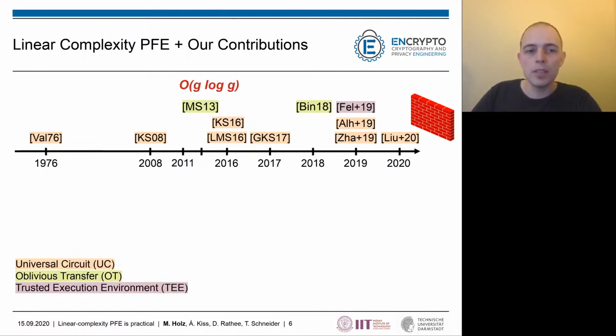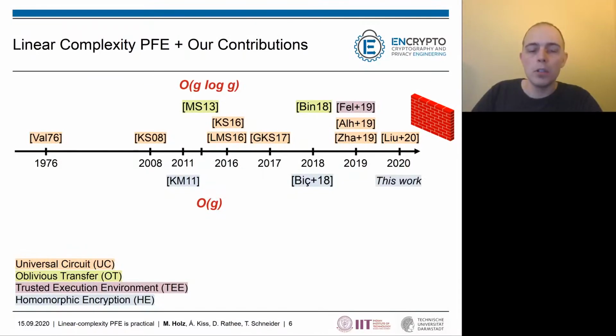But there has also been some other work based on linear complexity private function evaluation, and this work is based on homomorphic encryption. The first work here was introduced by Katz and Malka in 2011, and was later improved to achieve reusability of some protocol parts.